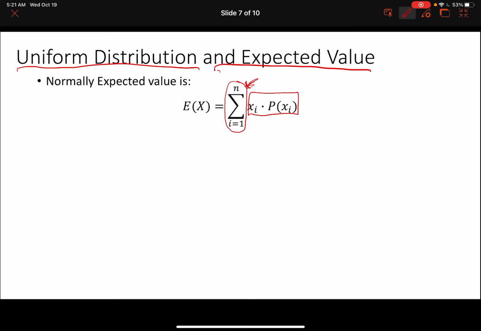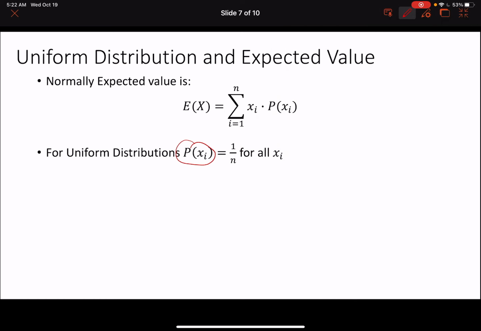That's what this means. So for a uniform distribution, the probability is the same for all x_i, so we can replace that with 1 over n for every single one.